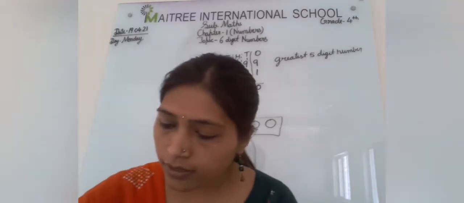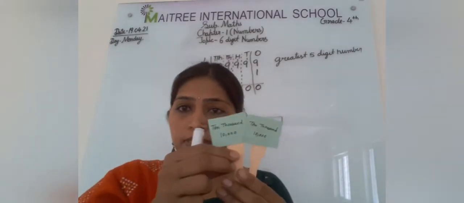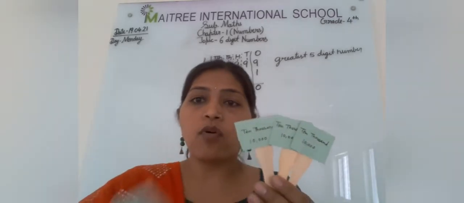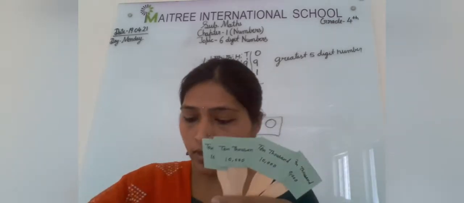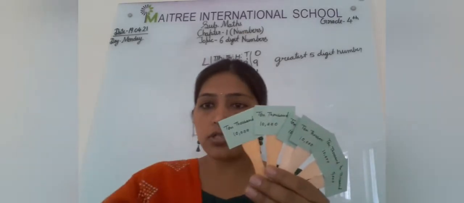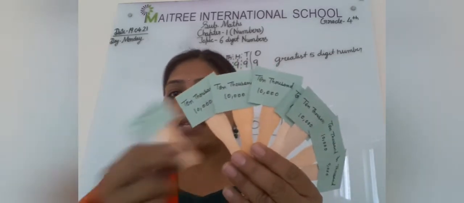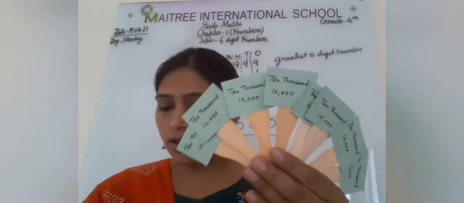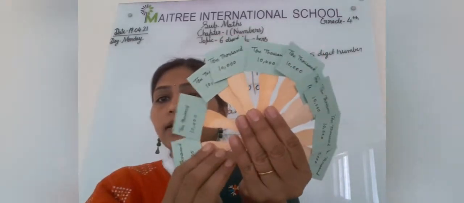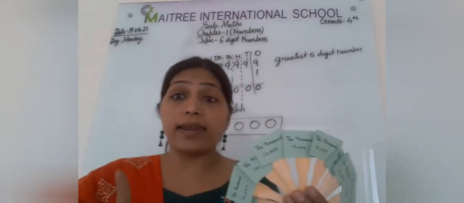So this is 1 time 10,000, 2 times 10,000, 3 times 10,000, 4 times 10,000, 5 times 10,000, 6 times 10,000, 7 times 10,000, 8 times 10,000, 9 times 10,000 and the 10th time 10,000. So 10 times 10,000 makes 1 lakh.